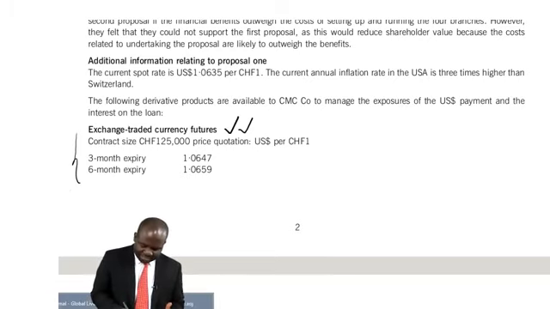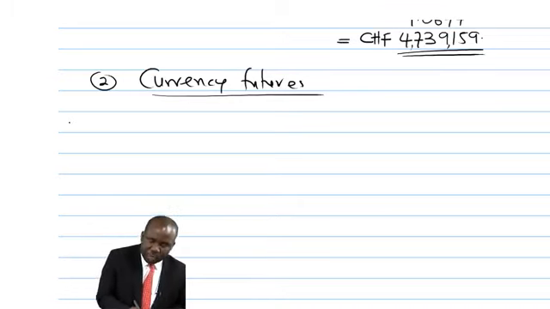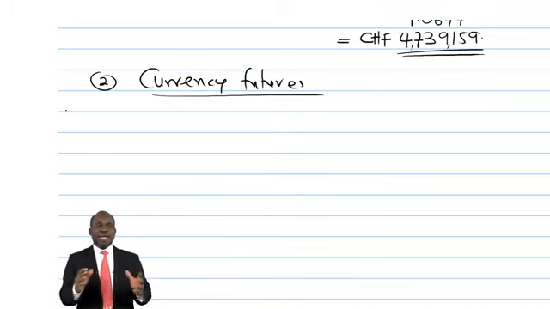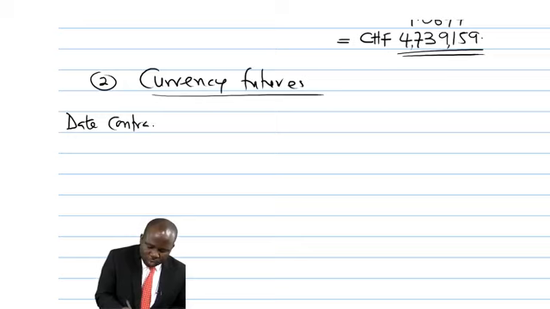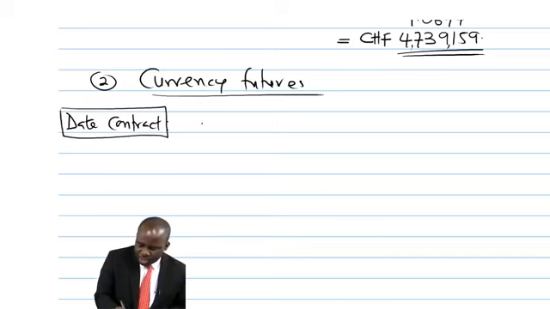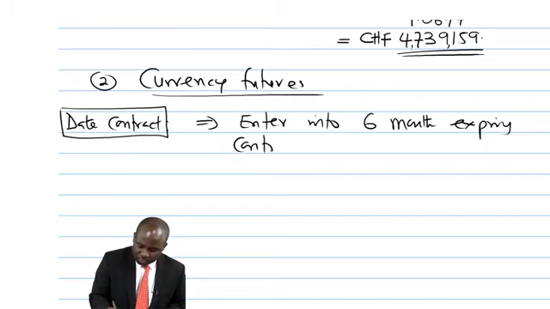So your first stage is what date contract. Okay, we normally write this to help students, but in the exam room don't write that bit. So we say what date contract. This bit is what I'm saying, don't write it. You just go straight and you say you will enter into the 6 months expiry contract.